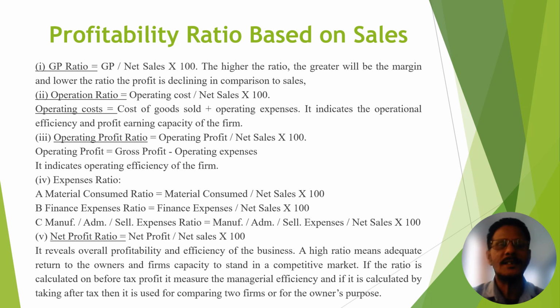Now the second, operating ratio. For calculation of this operating ratio, the formula is operating cost divided by net sales multiply 100. Now listen carefully. We have cost of goods sold. Under this cost of goods sold, if you add operating expenses, this is our operating cost. Operating expenses means what? It is recurring expenses.